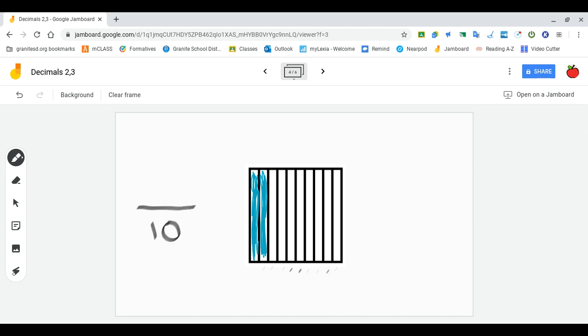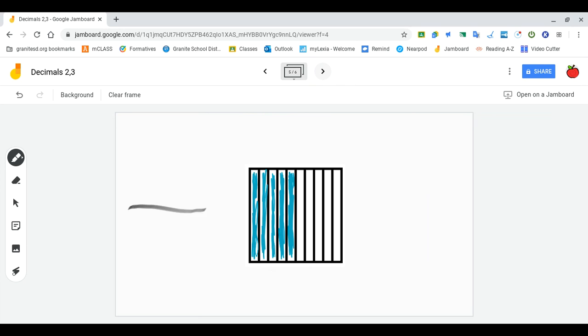Now I'm going to identify my numerator, which is how many pieces I have or shaded. And I have 1, 2. The cool thing about this is that I can just leave it as 2/10 and move on. I don't need to worry about simplifying. Easy peasy.